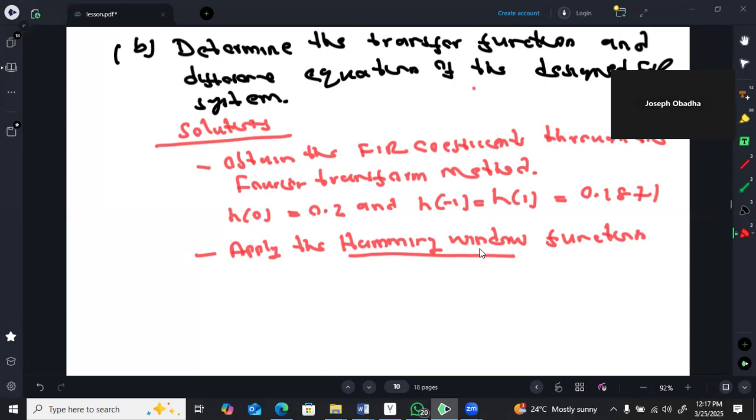Of course, these functions, we should be able to refer to them. We may not have them in our heads because we have the functions listed here, but we may also have some other functions which have come into being, which can also be used to design the filters.